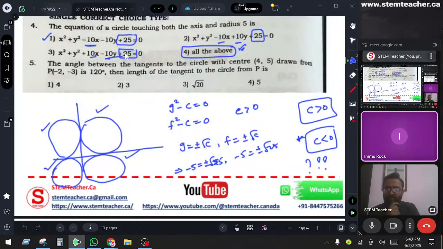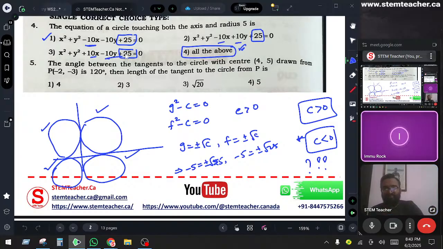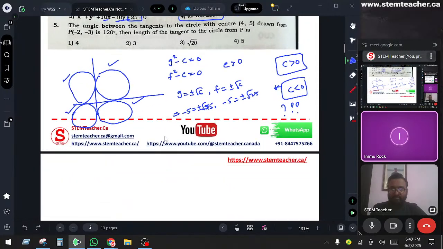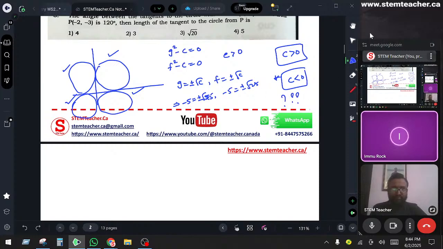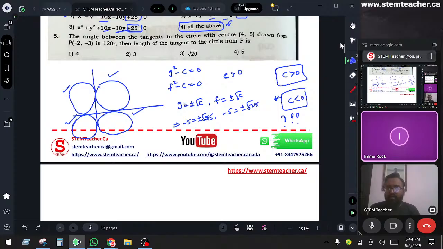What about the second question? This is simple. See, this is a circle.